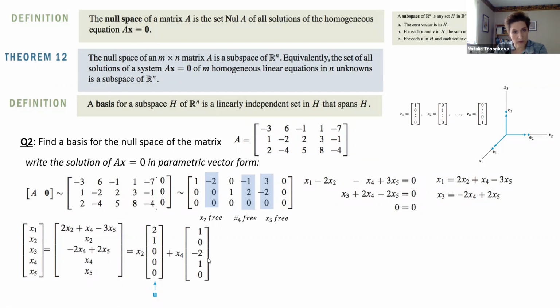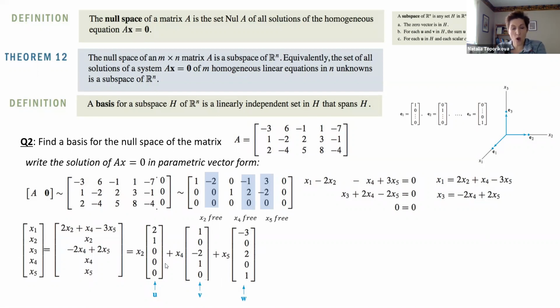Minus 2 from the third one, 1 from the fourth, and 0 from the fifth. So we have x4 times a 5-dimensional vector, and we'll call this vector v. Finally, we repeat the process for variable x5, and again we have x5 multiplied by a vector, and we call this vector w.